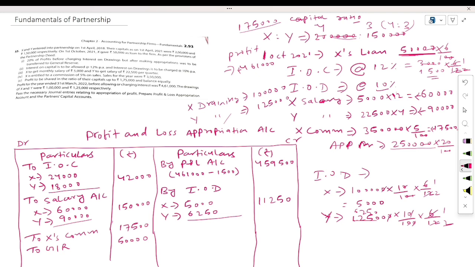The 1,75,000 amount will be shared in the capital ratio and the remaining balance equally. So what will be the amount of the total appropriated profit? The total amount will be 4,70,750.